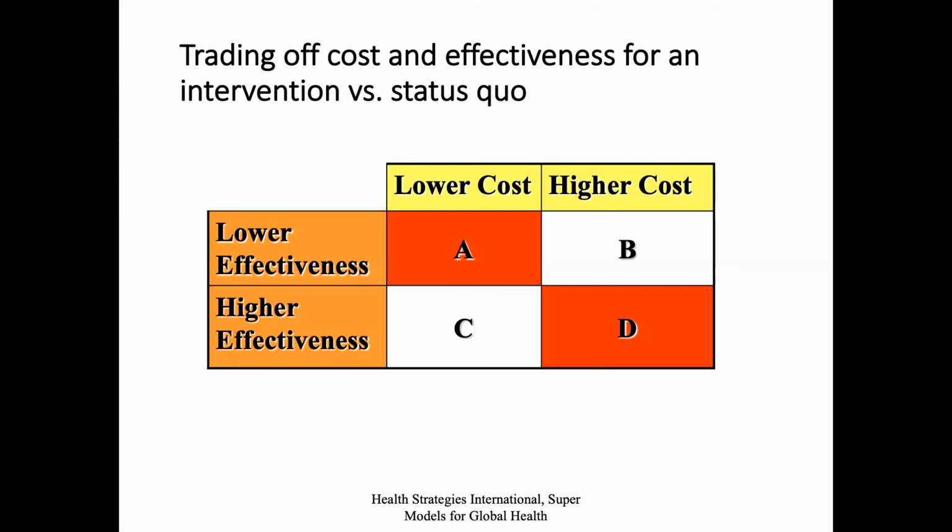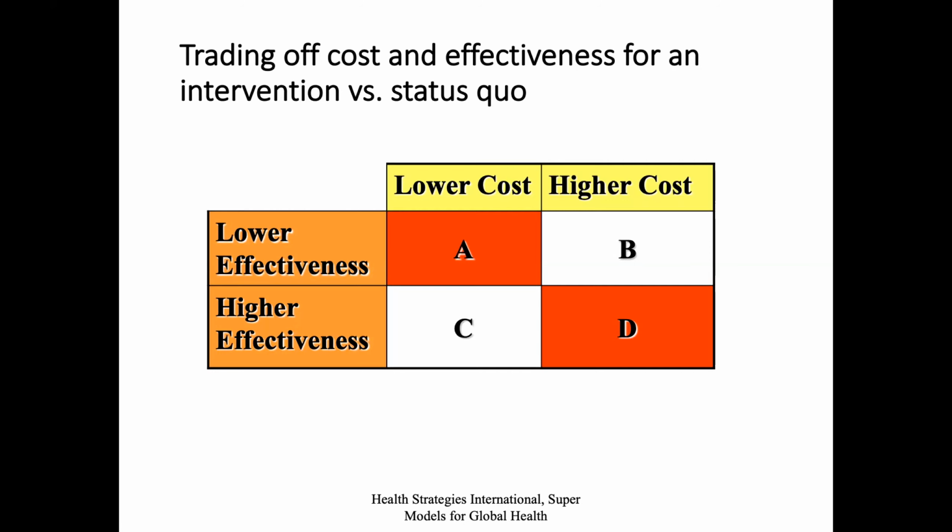In the upper left, the red square with an A, an intervention has a lower cost and a lower effectiveness than the comparison. In that case, you would have a trade-off. It's not as good, but it costs less. The complement to that is the lower right-hand cell, the red cell labeled D, a higher cost and higher effectiveness. You pay more, but you get more. So those are kind of interesting.